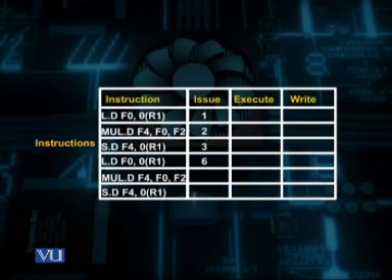Then you can also see that the subtract and branch not equal 0 are issued in clock cycles 4 and 5 respectively. The register R1 is updated in clock cycle 6 by executing the subtract instruction in clock cycle 5. F0 never sees the result.